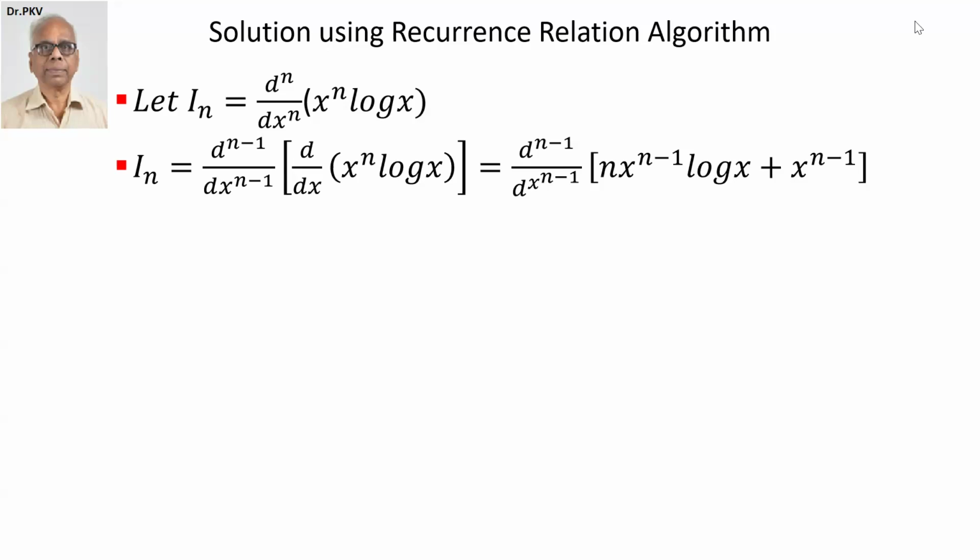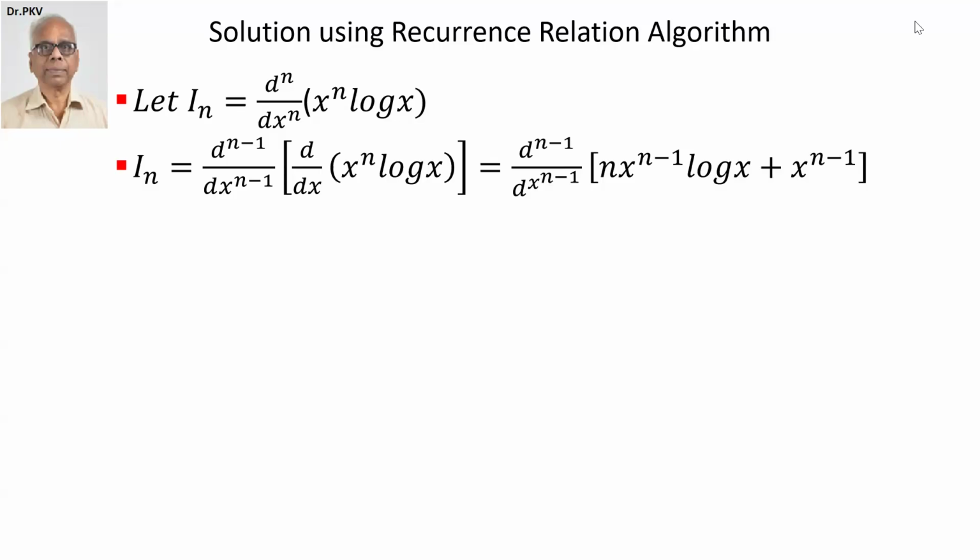So the outside is d^(n-1)/dx^(n-1), the (n-1)th derivative, and inside the bracket when I differentiate, it is n times x^(n-1) log x plus x^(n-1). If you use the product rule of differentiation, keep log x as it is. What is the derivative of x^n?